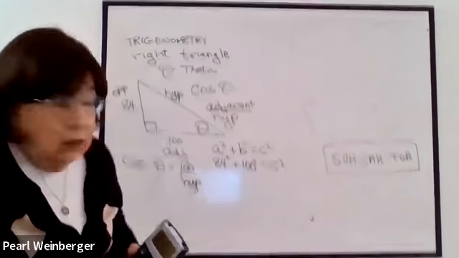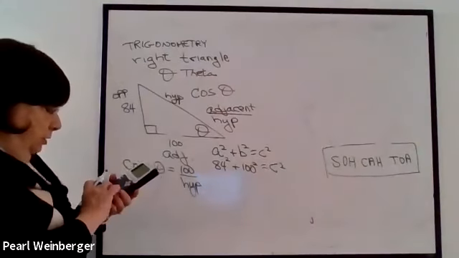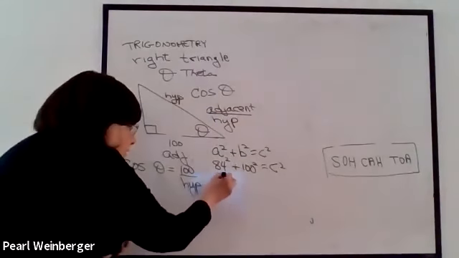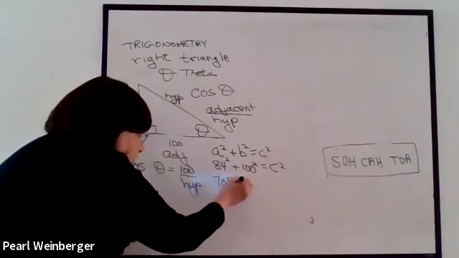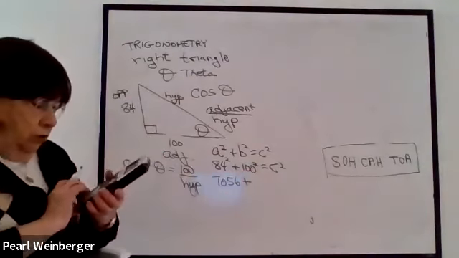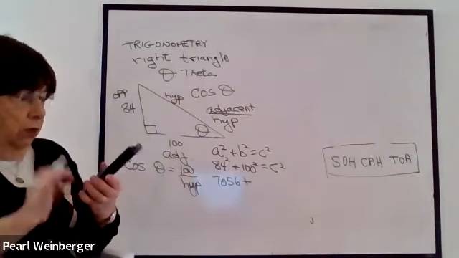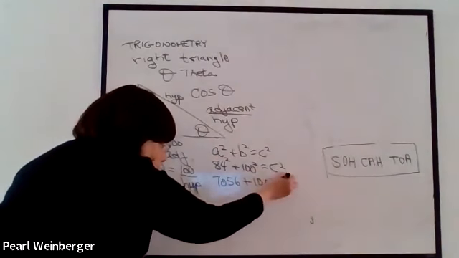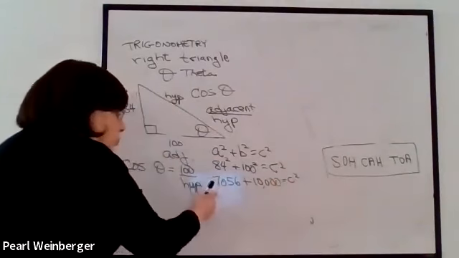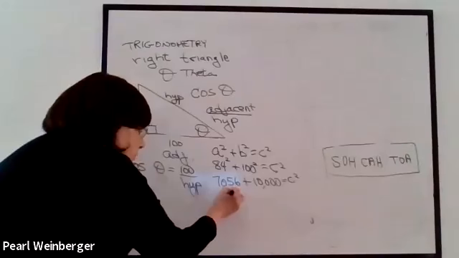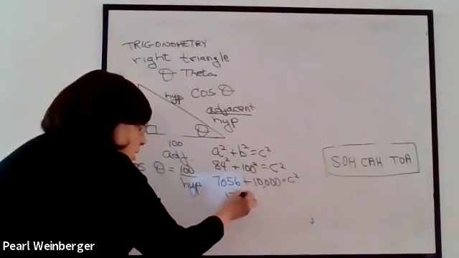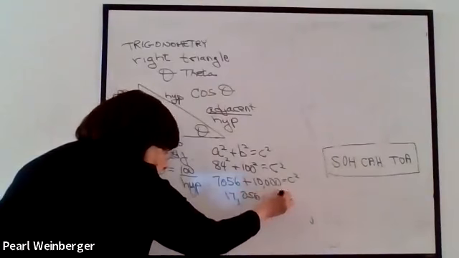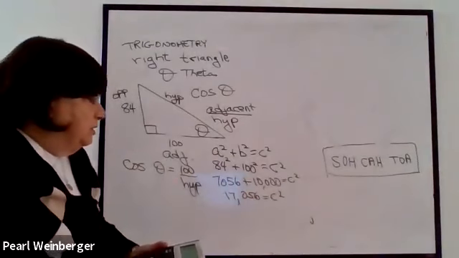So 84 squared, when I put it into my calculator, it gives me 7,056. 100 squared, I should know that without doing that, is 10,000. So if I add these together, I get 17,056, which is what c squared is. Now I'm not finished. I have to figure out what c is.